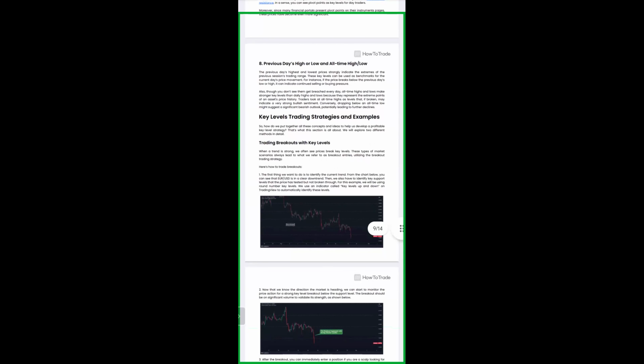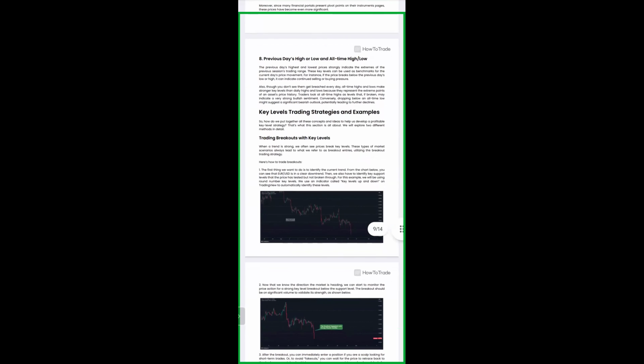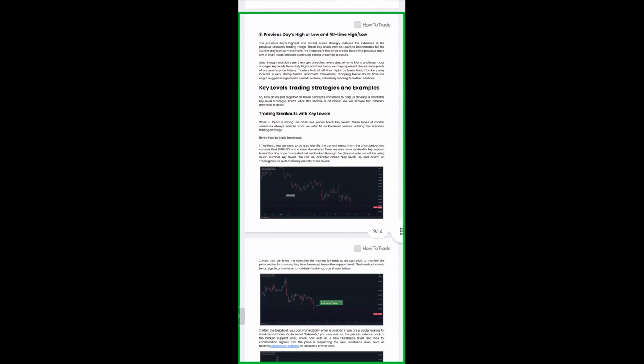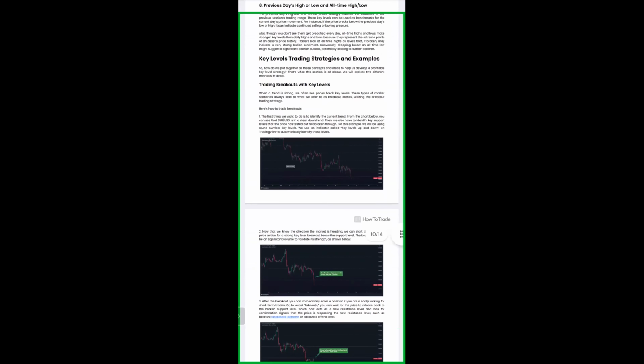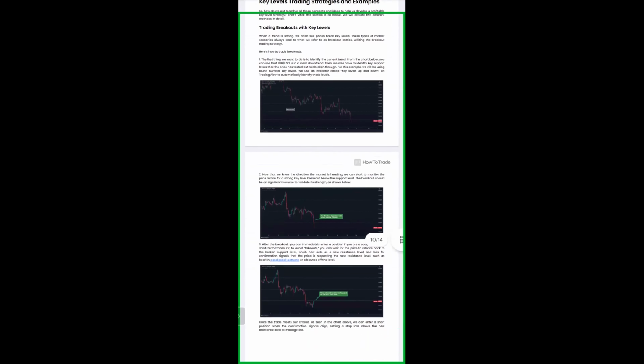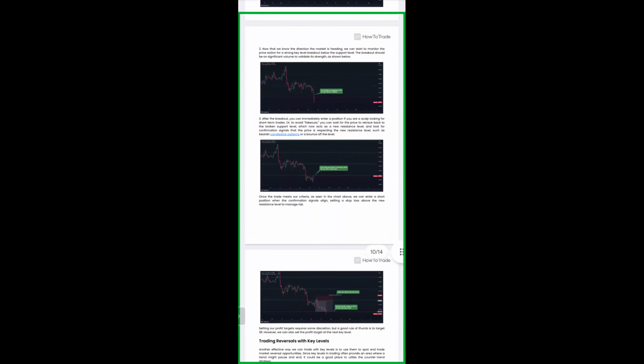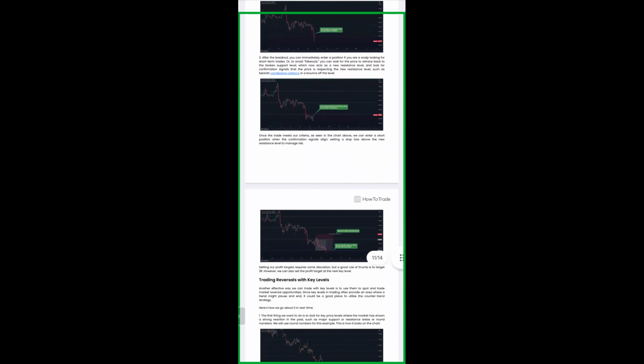So these are basically what key levels help us with in making our trade decisions. There are different strategies we can use, which we have mentioned, like trading breakouts with key levels, and even the Vendegar strategy that we've discussed.